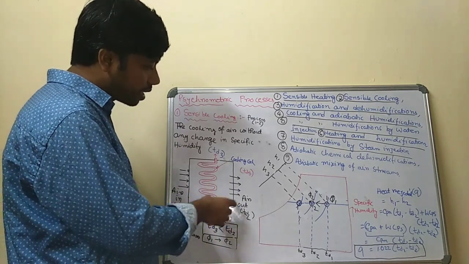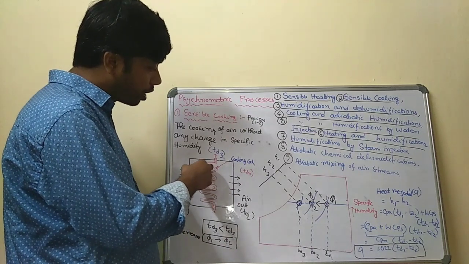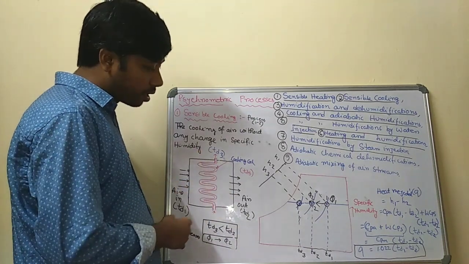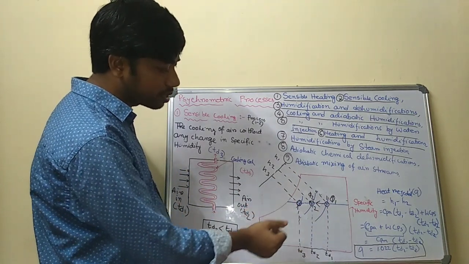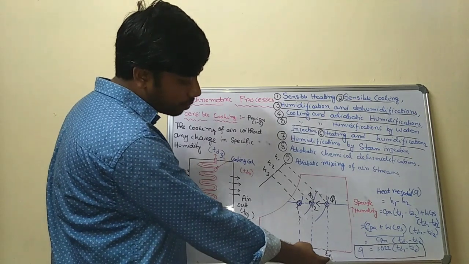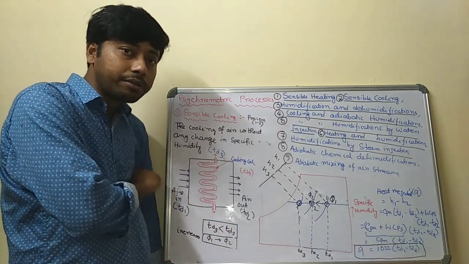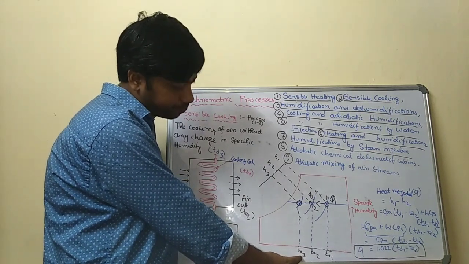So in this case, suppose this is your TD2, the air exit temperature, and TD3 is the cooling coil temperature. Now this is a psychrometric chart, with dry bulb temperatures TD1, TD2, and TD3.